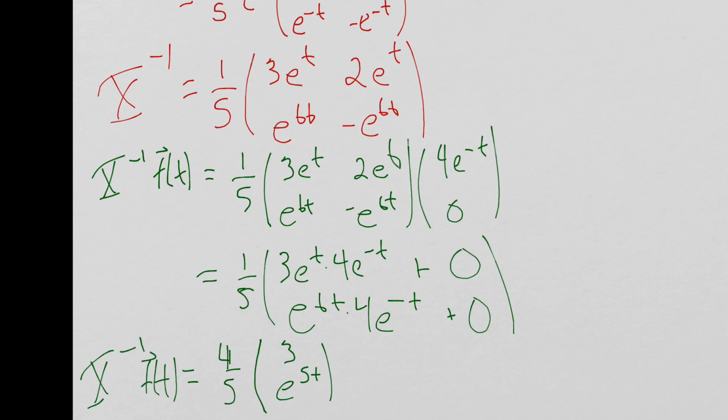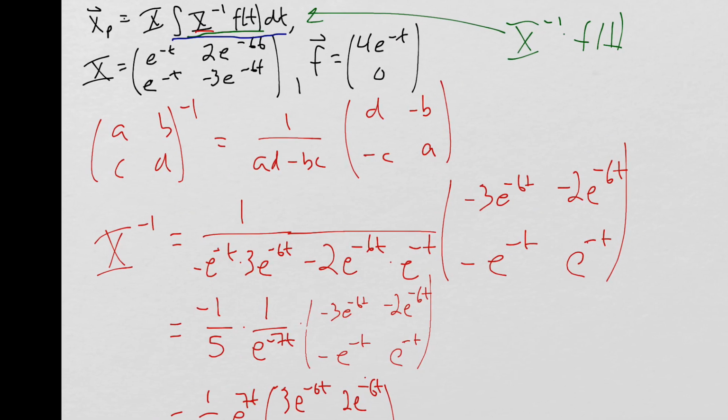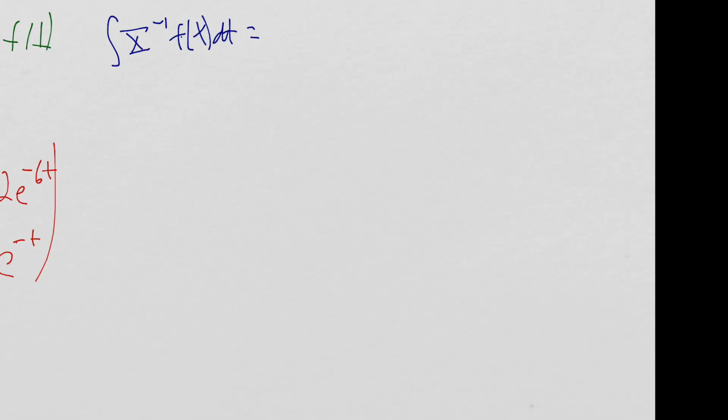And I'm going to go back up top. So my next layer is going to be, you can see here, I need to integrate that. So here we go. Going to do that integral. It is the integral of, I got it here.